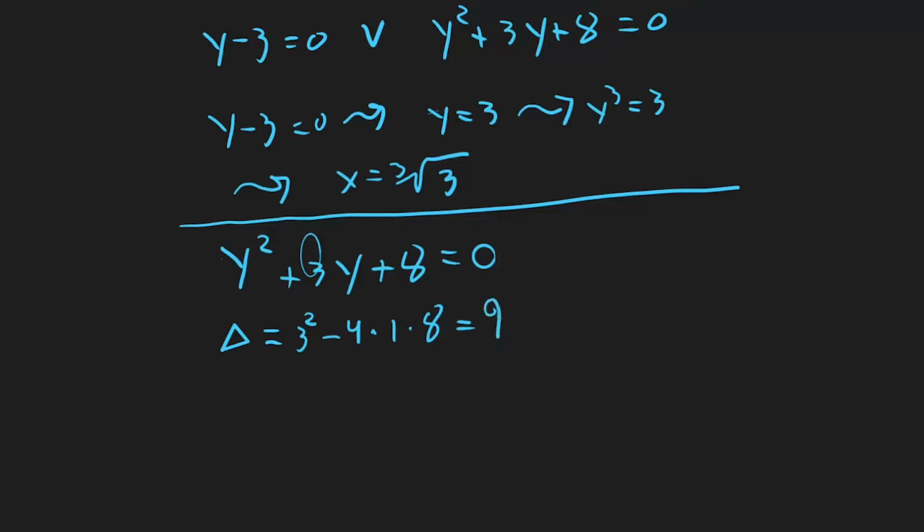So if we look at this, this would be 9 minus 32, so this is minus 23, less than 0. So this means that this equation has no real solutions.